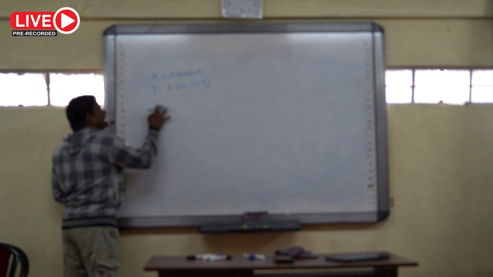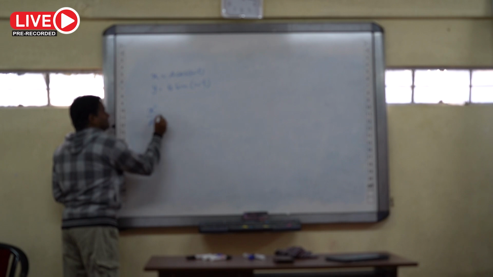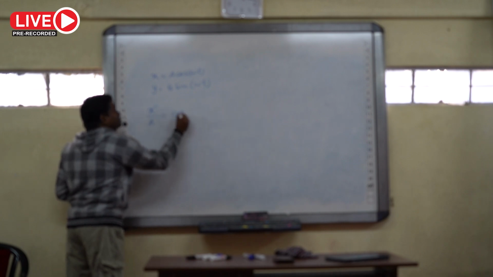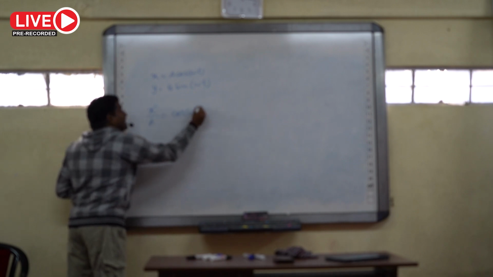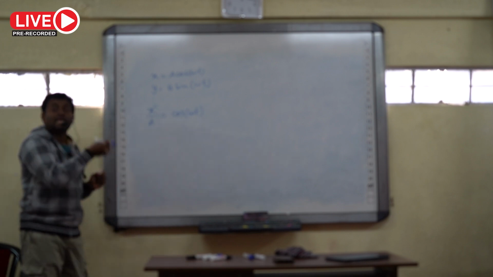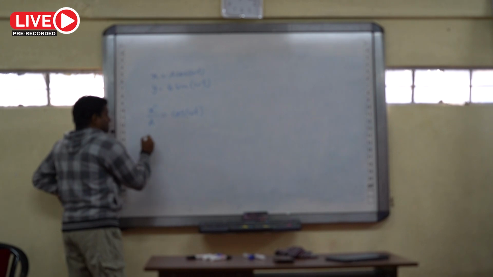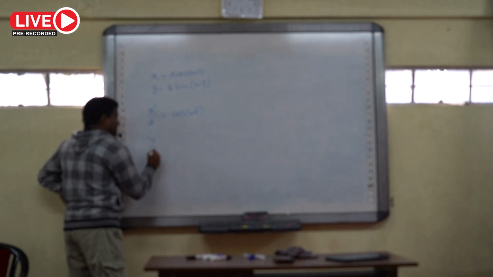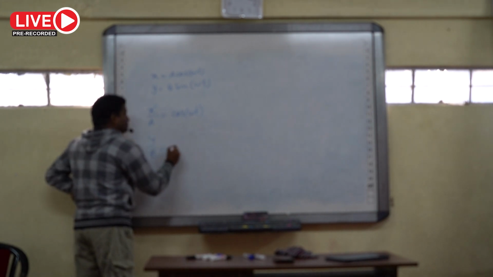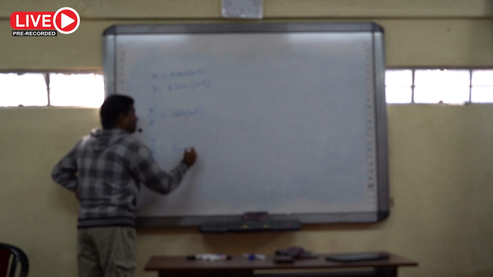First write x by a equal to cos omega t. This omega t is entirely like an angle, theta. Okay. Then y by b equal to sine of omega t.